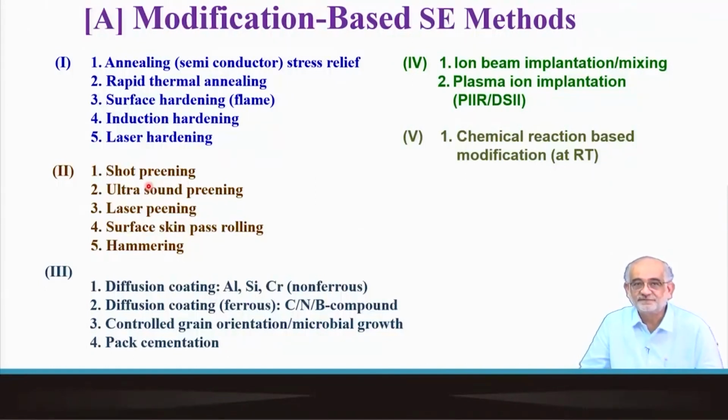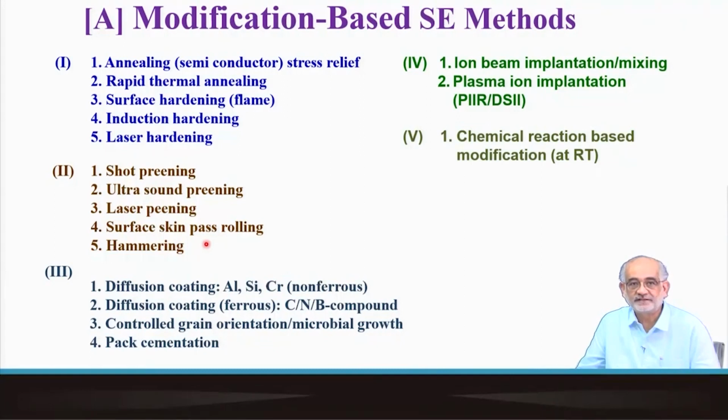That's actually helpful because by way of deformation, they also introduce residual compressive stress and improve the fatigue and some other mechanical properties of the component. I can do a similar thing by ultrasound peening or laser peening.